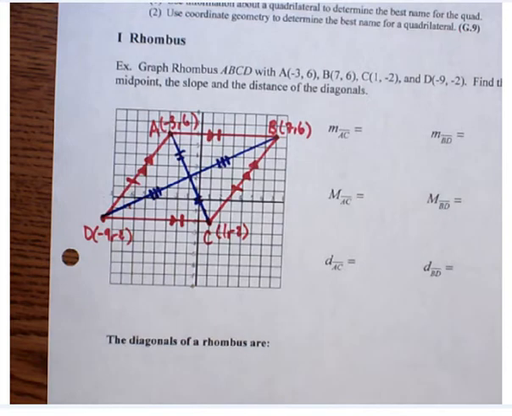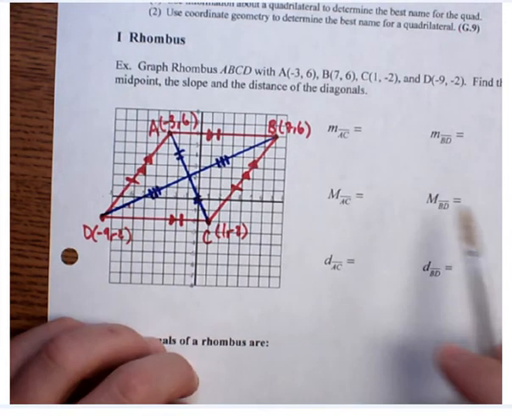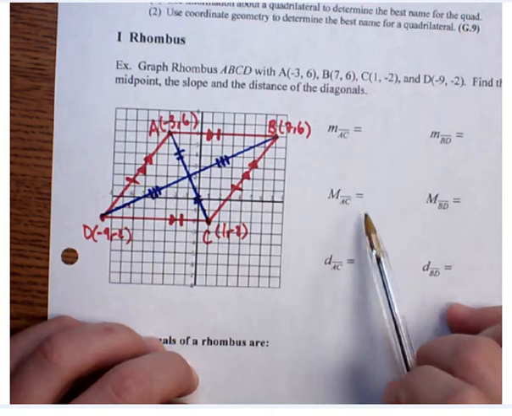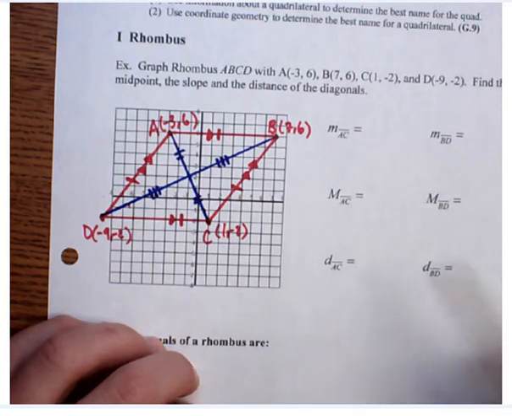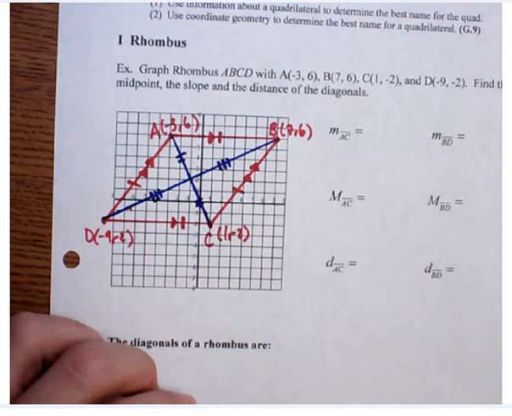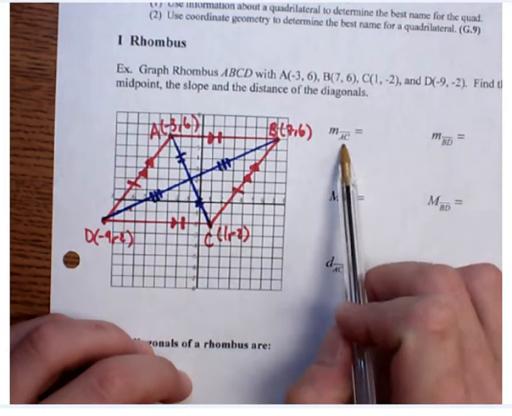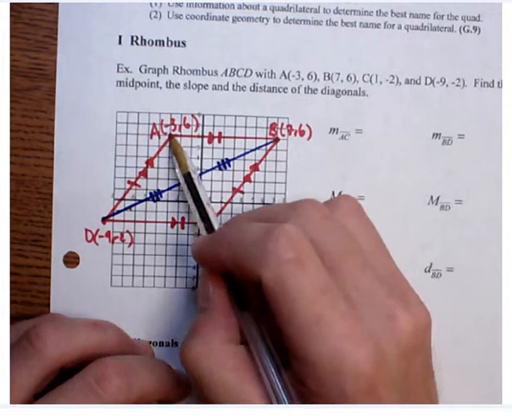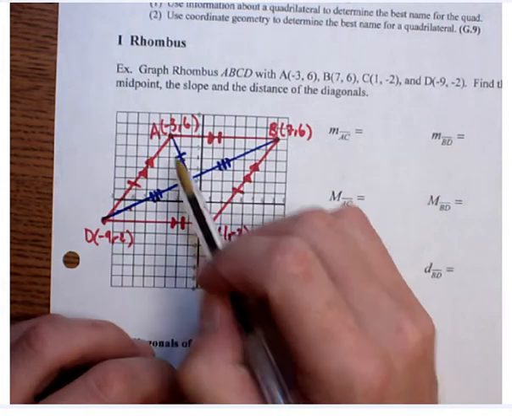So what we'll do here is we're going to figure this out by looking at slope, midpoint, and distance. Okay, to find the slope of the diagonals, you have 2 ways you can do this. For AC, one way to find slope is to count if you have the picture. Rise over run.